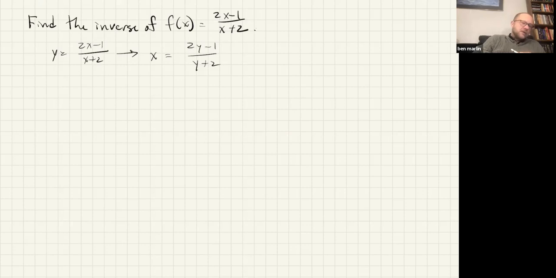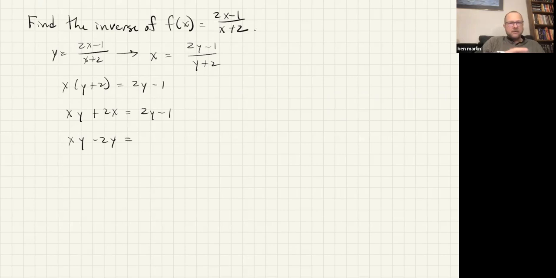What you're going to need to do is to cross multiply, and we'll have x times (y plus 2) equals 2y minus 1. So that means xy plus 2x equals 2y minus 1. We're trying to solve for y, so we're going to get all the y's on one side. And so we'll have xy minus 2y.